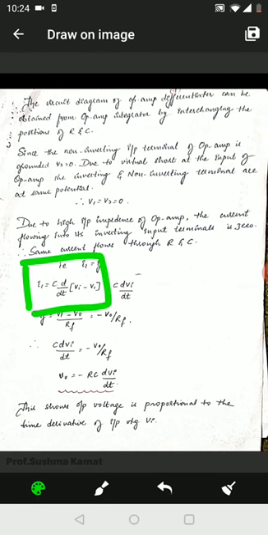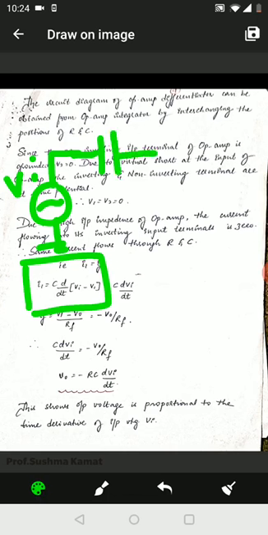Now let us try to find what I1 is equal to. Exactly like the previous case, it is C into d upon dt of the two voltages. Which are the two voltages? This was the input voltage Vi, and here across the capacitance, after this point, was V1. That is why the current flowing here was I1.